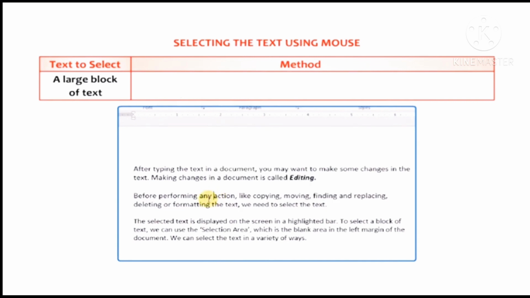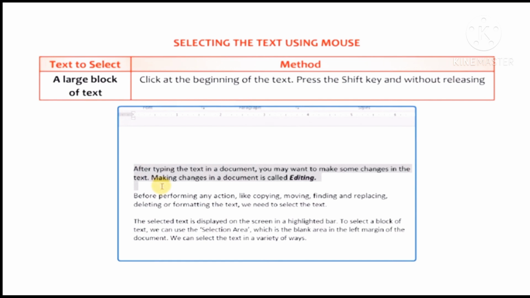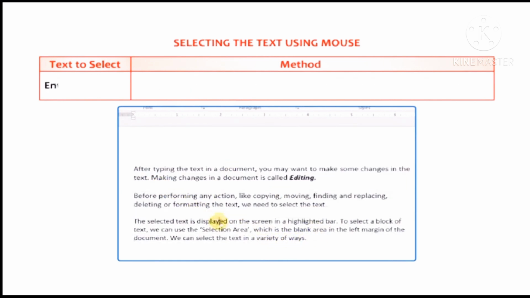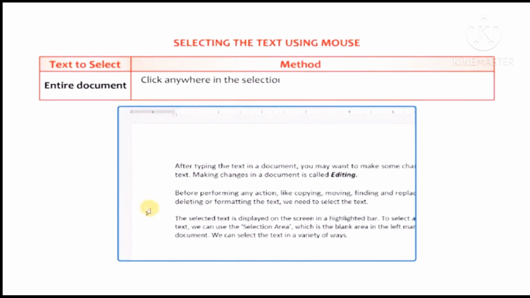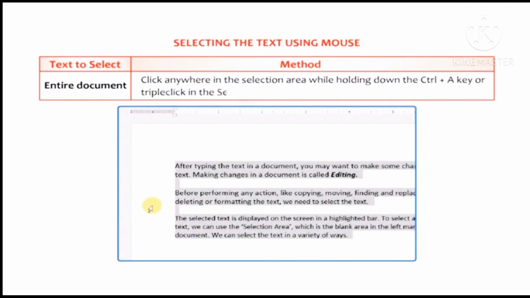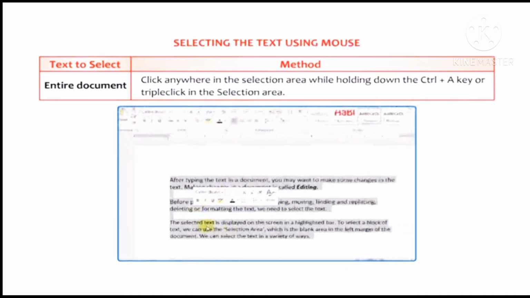A large block of text: click at the beginning of the text and press the Shift key, and without releasing it, click at the end of the text. Entire document: press Ctrl plus A, or triple click in the selection area.